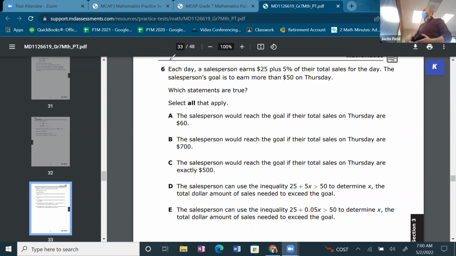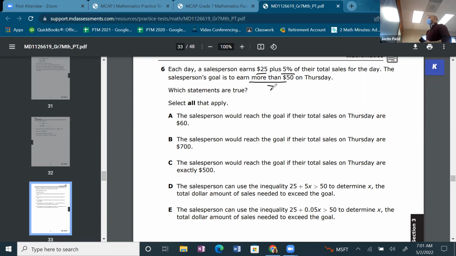Each day, a salesperson earns $25 plus 5% of their total sales for the day. The salesperson's goal is to earn more than, greater than, $50 on Thursday. Which statements are true? Select all that apply.